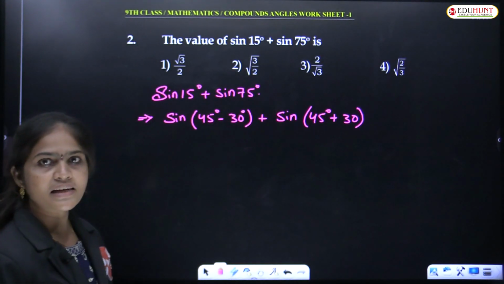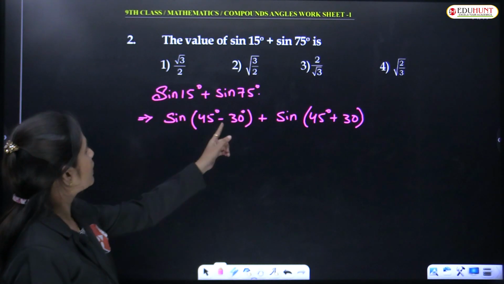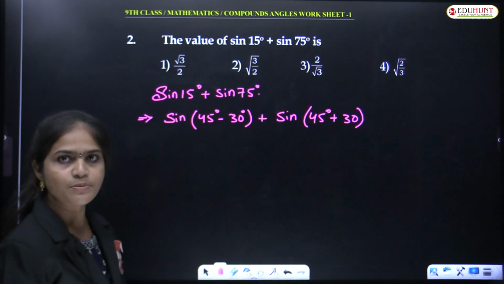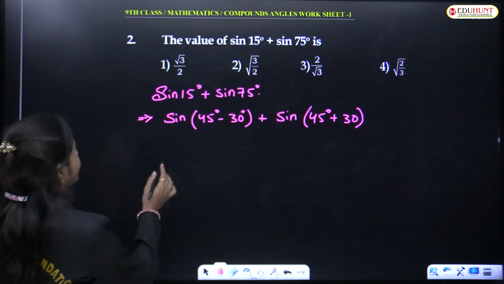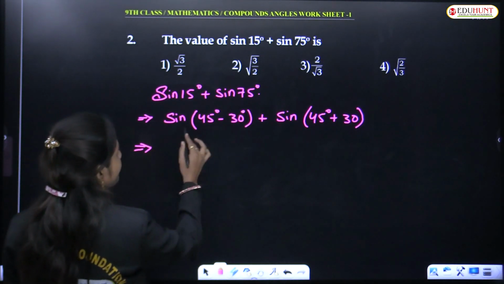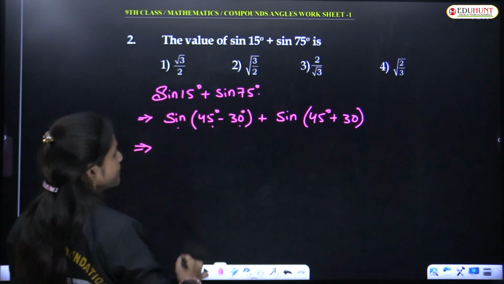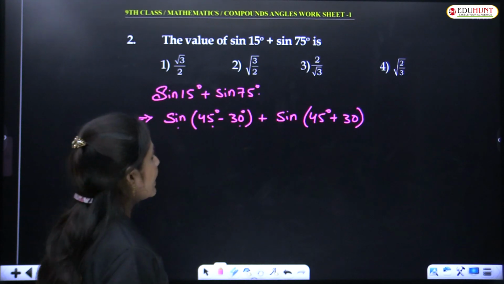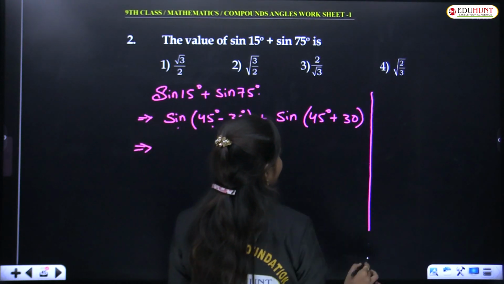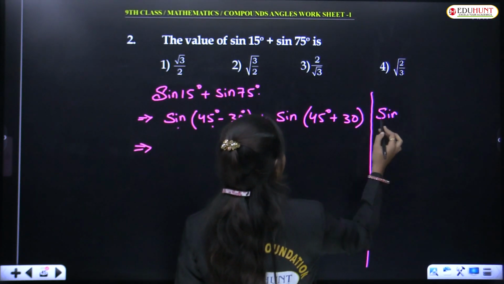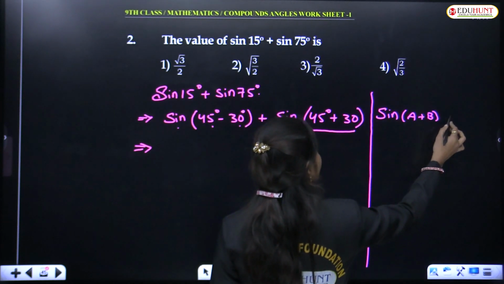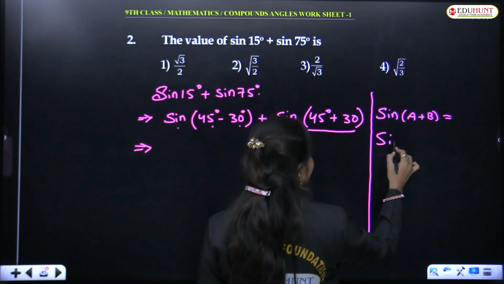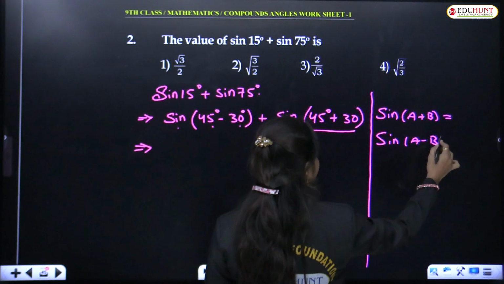Okay, 45 plus 30 is 75, 45 minus 30 is 15. Is the condition satisfying or not? Condition satisfying, we can write like that also, no? Yes. Now this is in the form of the sine A minus B formula, and this is sine of A plus B. So those two formulas we have to use here, sine of A plus B and sine of A minus B.